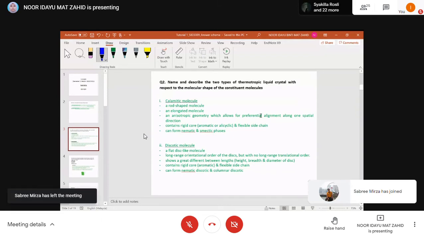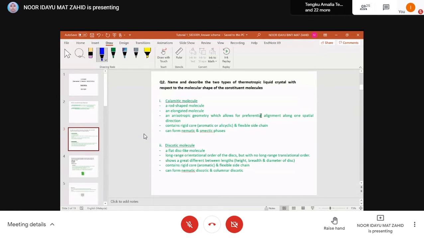And in this case, the anisotropic geometry allows for preferential alignment along one spatial direction. So you can see that the molecular axis is longer than the diameter of the overall rod.